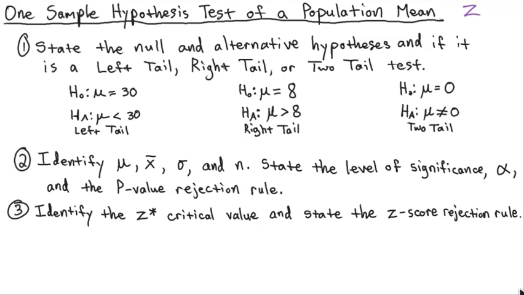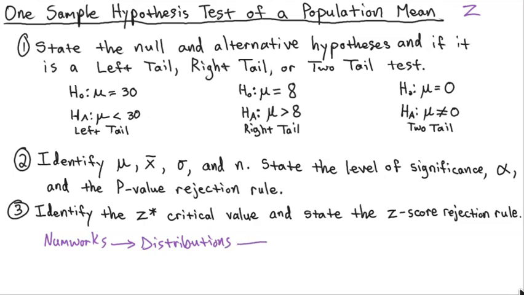In order to identify the critical z value with the NumWorks calculator, you have to go to the app called distributions.